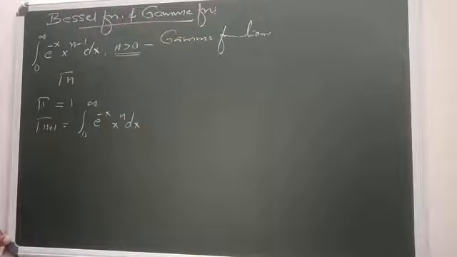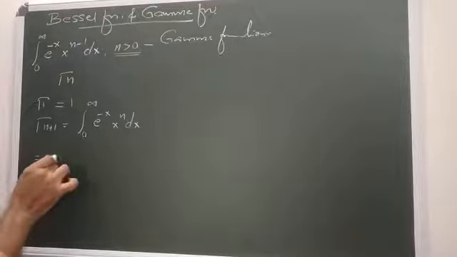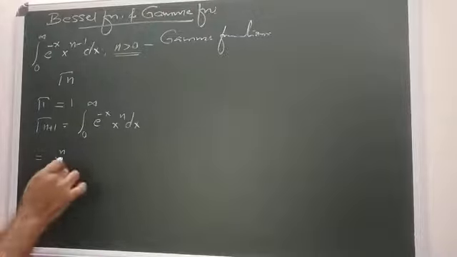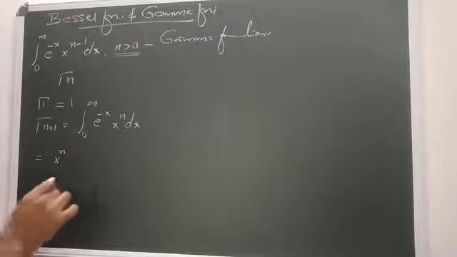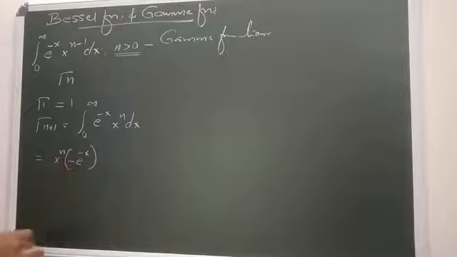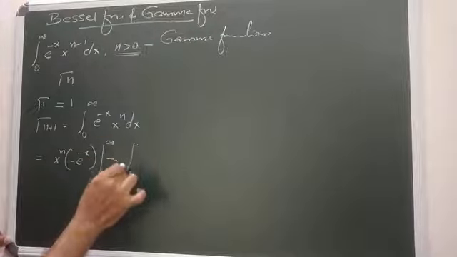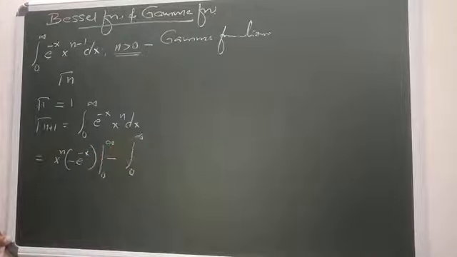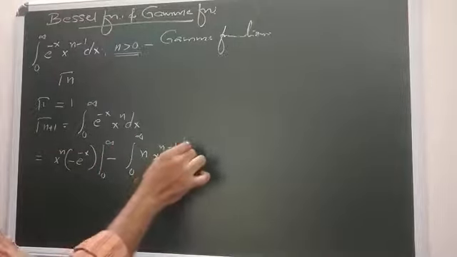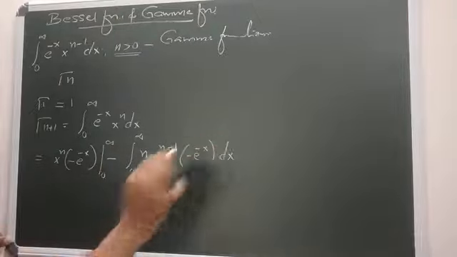Using integration by parts: first function into integral of the second, that is minus e power minus x, from 0 to infinity, minus integral 0 to infinity of the derivative of the first function, n x to the power n minus 1, into the integral of the second function, e power minus x dx.